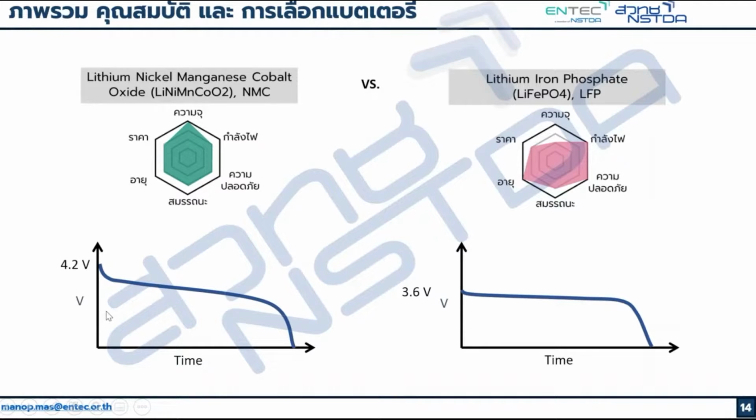With the NMC, the battery can increase to 4.2 volt, whereas the LFP is only 3.6 volt. The LFP battery is quite difficult to detect the power.